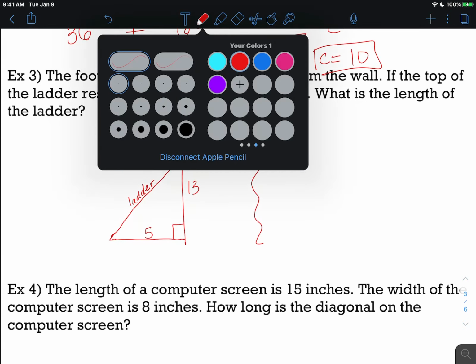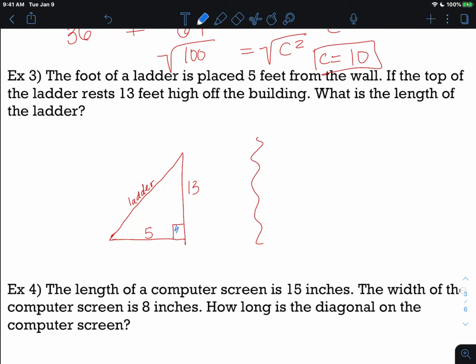Okay, so I have a few different things here. Let's write them in. I have my 90 degrees. It's going to be my ladder. A and B, doesn't matter which one I put. Let me write out this equation now.